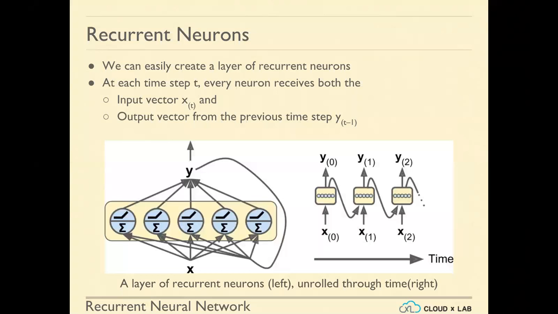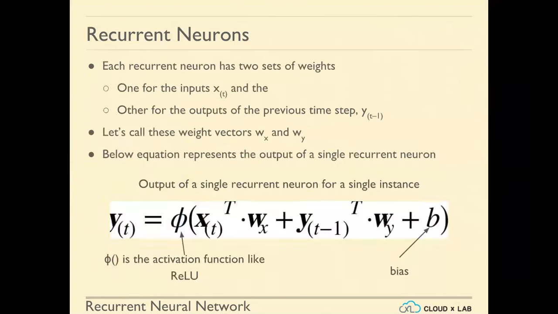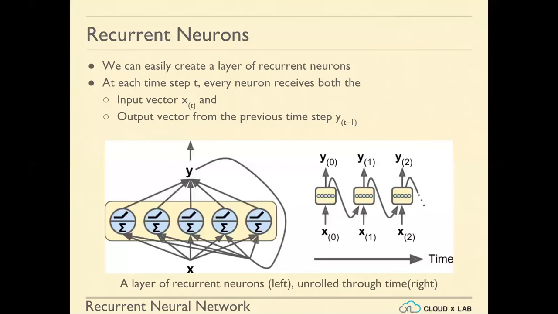All right. So the input vector xt and the output vector from the previous step yt minus 1 is being fed at each step to every neuron. Okay. I hope everything is clear so far.